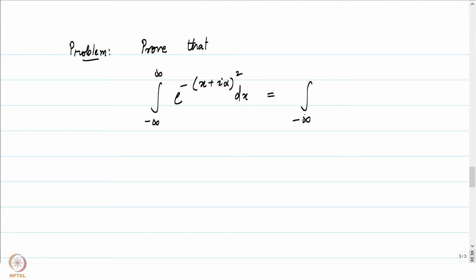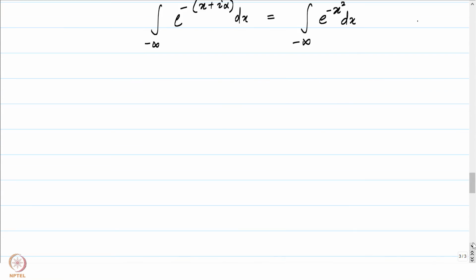So problem 3, prove that the integral from minus infinity to infinity of e to the power minus of x plus i alpha the whole square dx is equal to the integral from minus infinity to infinity e to the power minus of x square dx, which we know is equal to root pi. So the point is to show that the integral on the left does not depend on alpha.